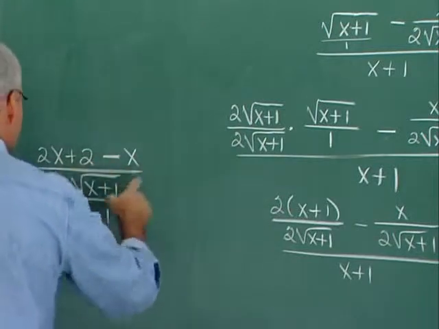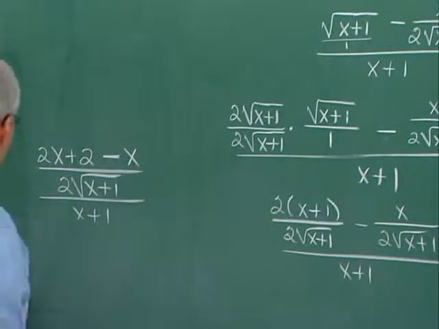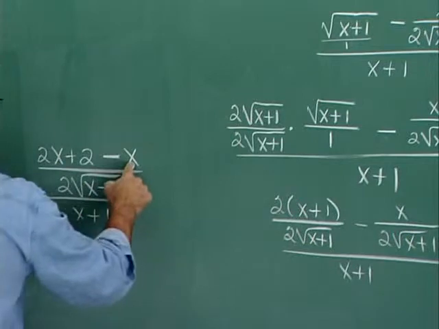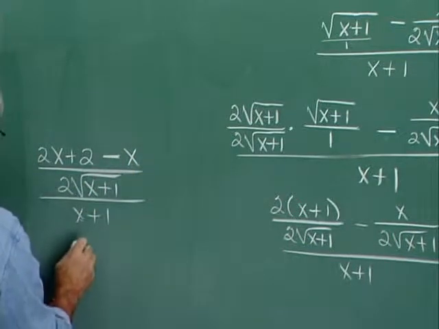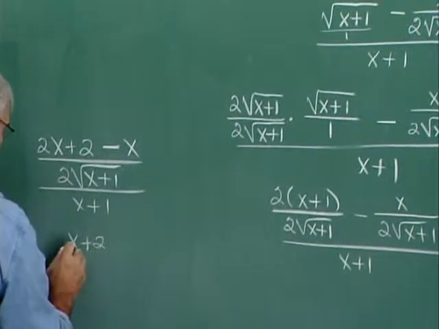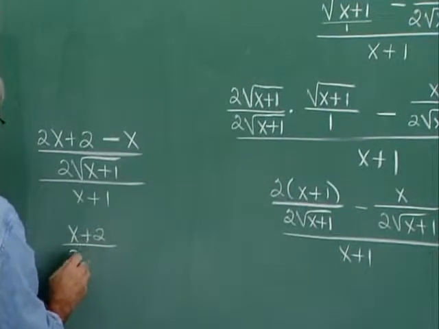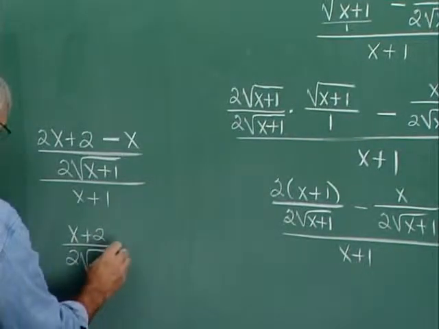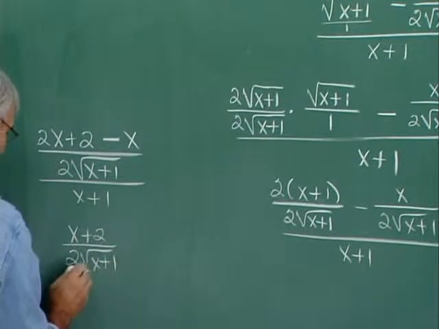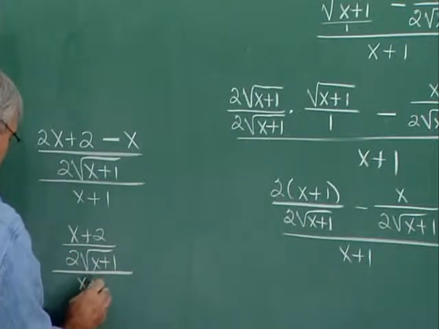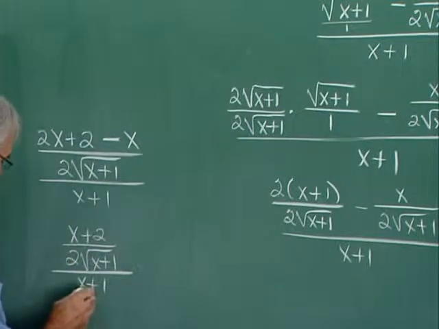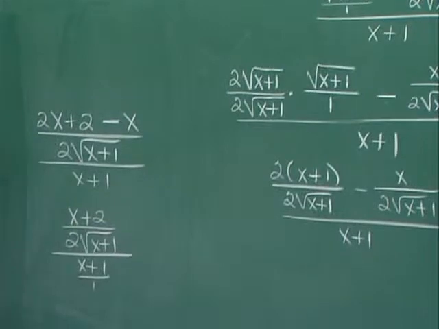Now I can simplify up here, and I'd like to burn a step to do that. So we have 2x minus x is 1x. So this is x plus 2 over the radical business, 2 times the radical. And all of this is over the x plus 1. Now remember, the x plus 1 is over an understood 1 like this.